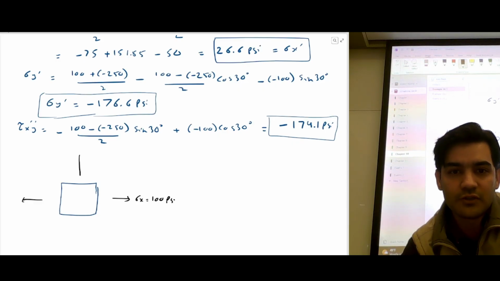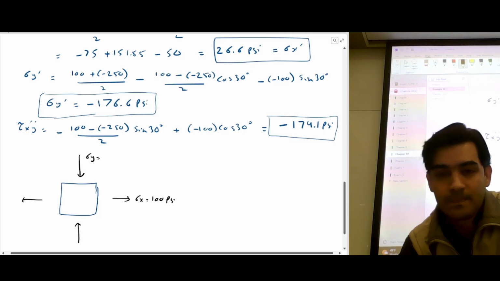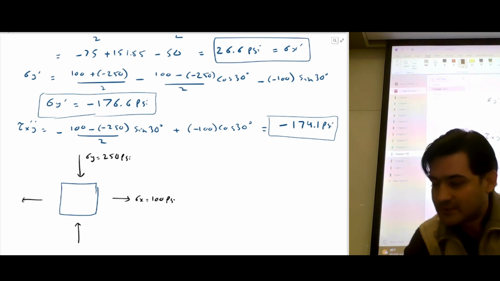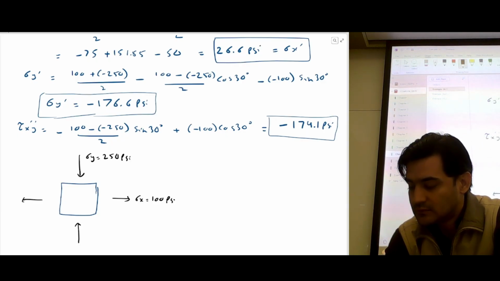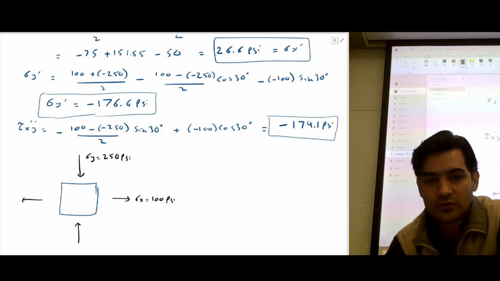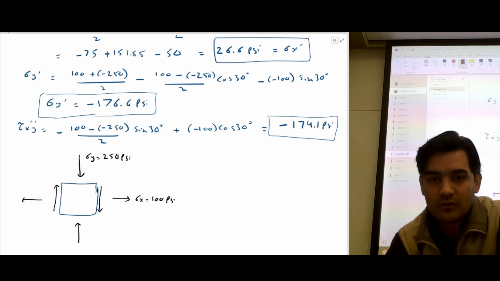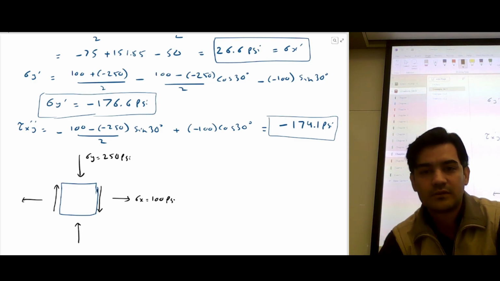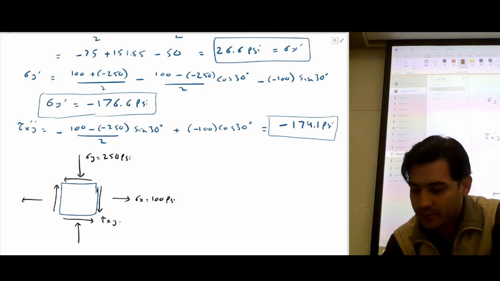So it was a compressive force, stress y was 250 psi compressive. And our stress xy was also negative, right? Negative means it's clockwise, so I'm going to draw this. So this is tau xy, which is 100 psi.